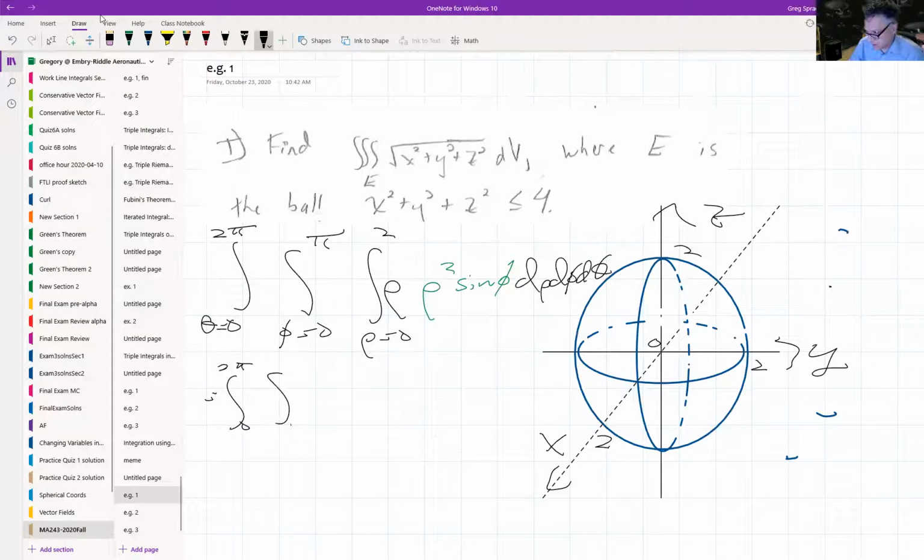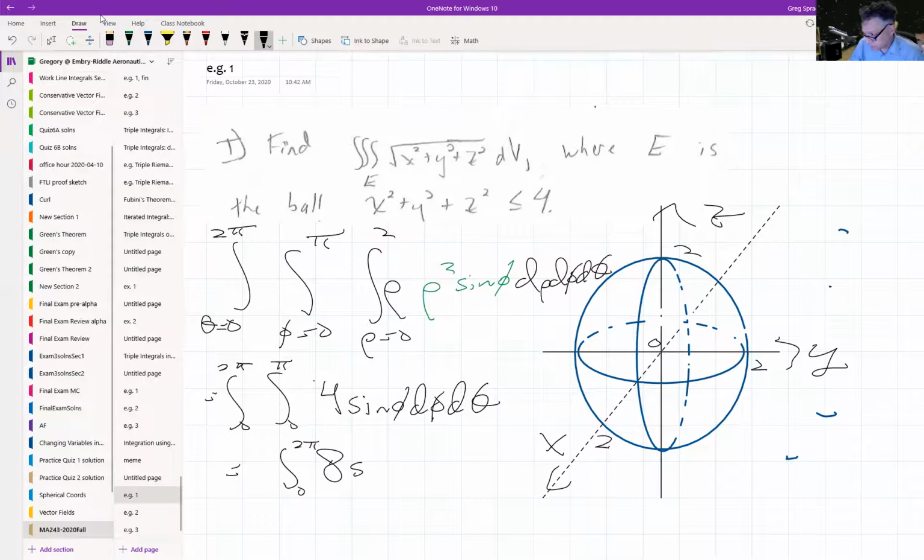Now, once you've found the integral, the integration is easy. So I'm going to kind of blow through it. The inside integral turns out to be 4 sine phi. The next integral turns out to be 8. And when you integrate that constant, you get 8 pi. So that's the final answer.